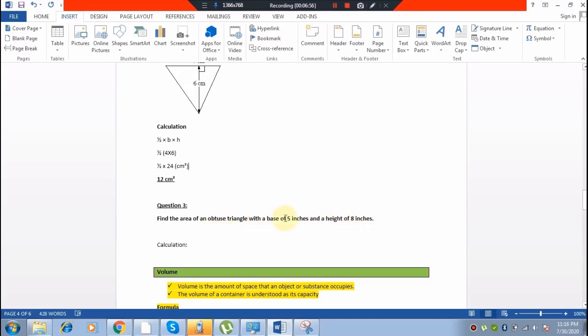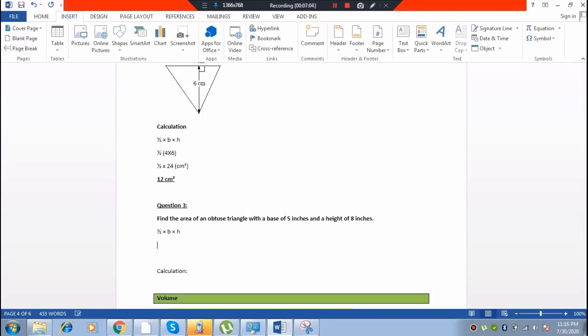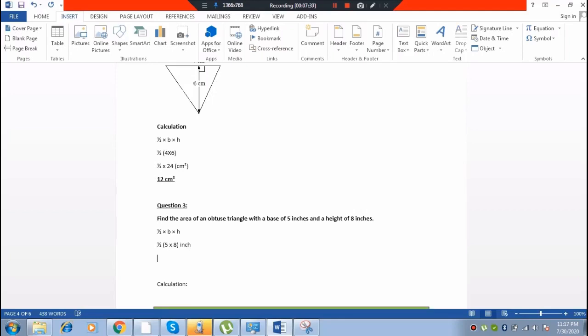Remember our formula: half base times height. What is our base according to our question? Our base is 5 inches, times our height of 8 inches.